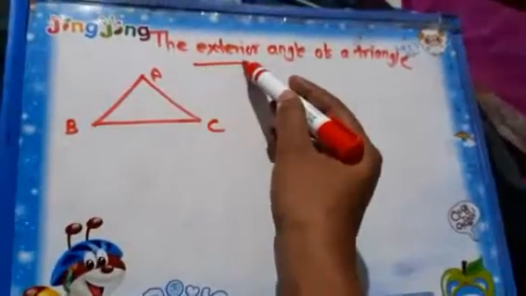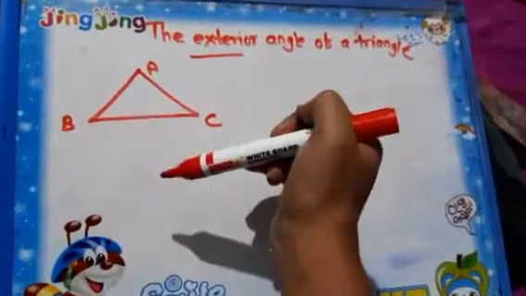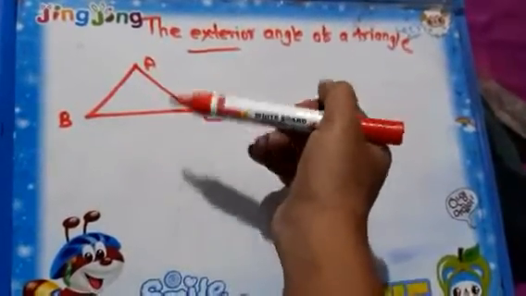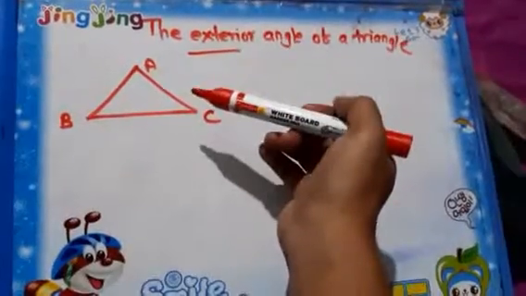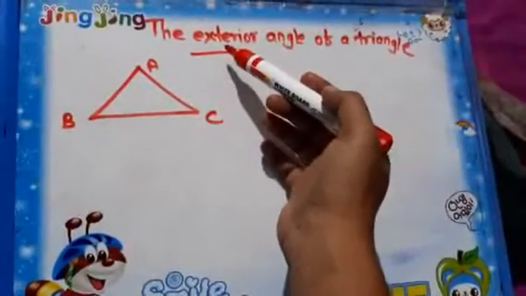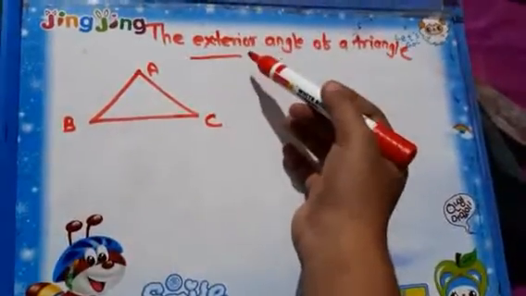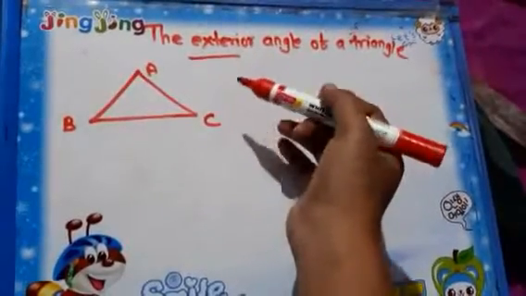Exterior means which are present on or at the outside. Before going to exterior angles, first we will learn what is meant by interior angles.